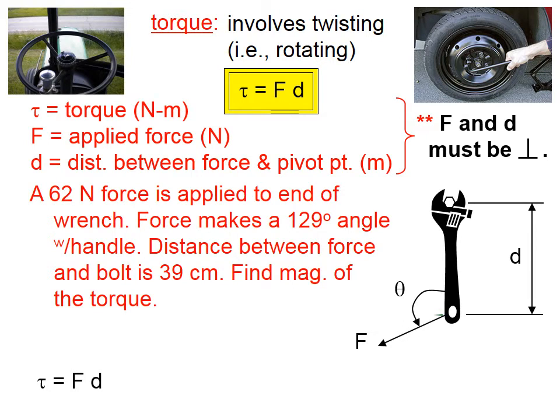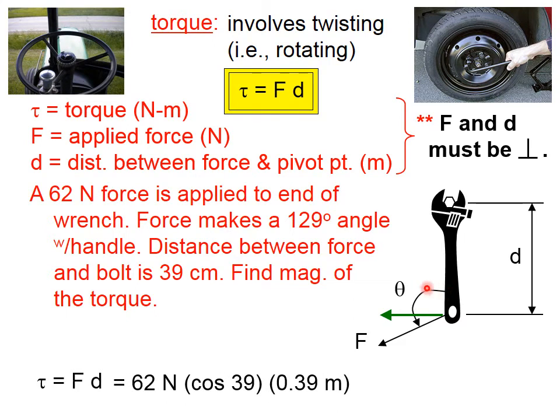Torque is force times lever arm. And you can see here I've shown in green that value is what we need to put into, in the lower left, this equation for F. In other words, we need the force that is perpendicular to the lever arm.